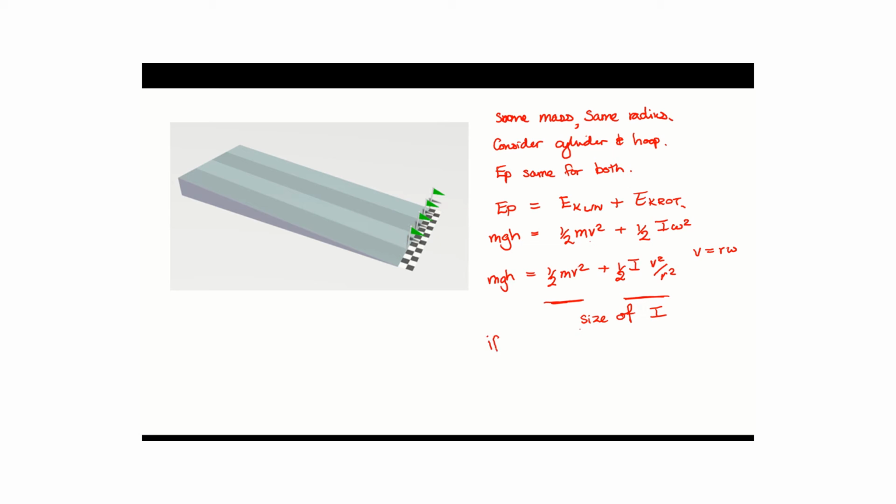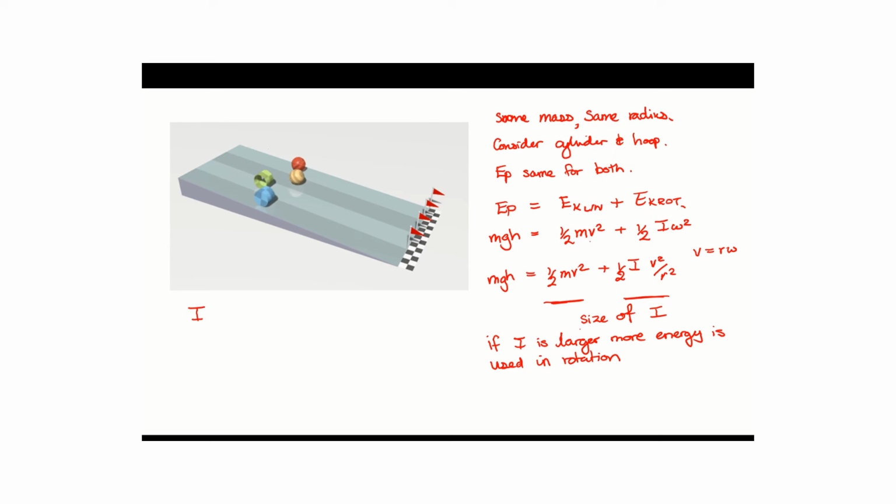So if I is larger, more energy is used in rotation. And remember that I is linked to the mass and the radius, and we know mass and radius are the same.